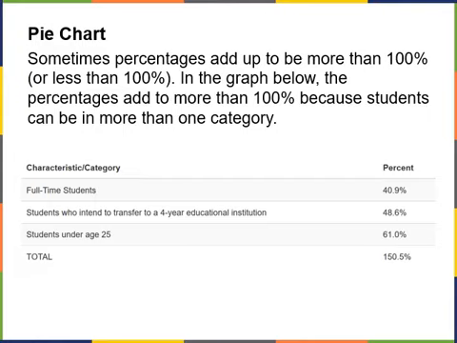Now, those categories are quite different in terms of what they're looking at. It's not just a category of part-time students and full-time students, like we had in the previous example. So a pie chart wouldn't be a very good tool to use here because the categories are so disparate and they add up to more than 100%.